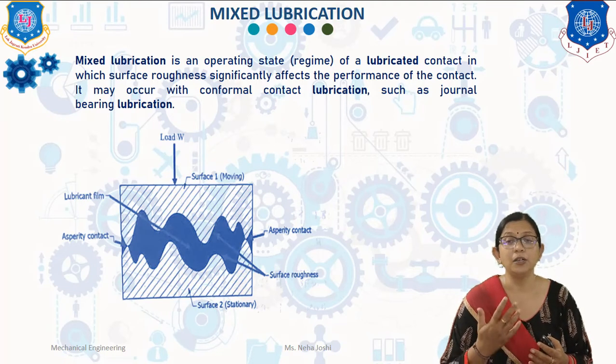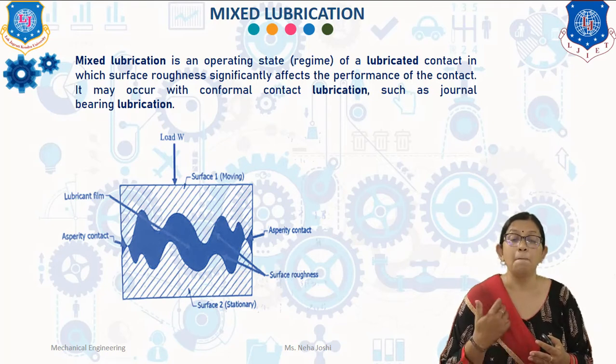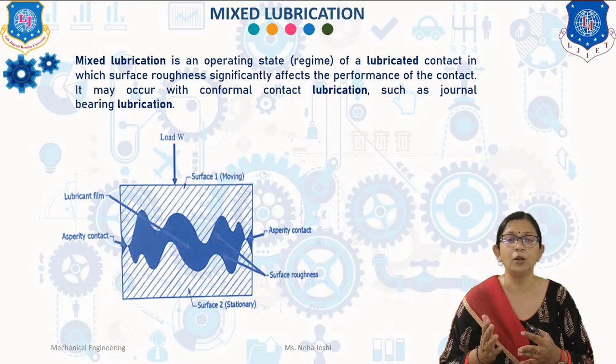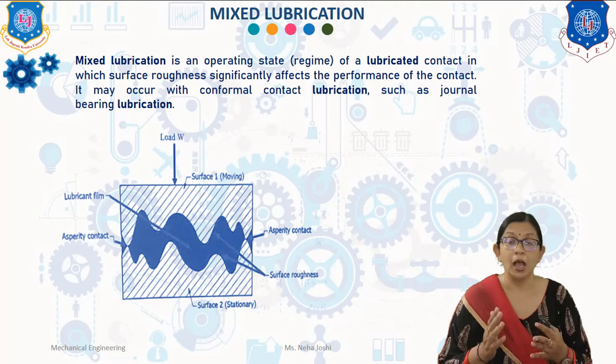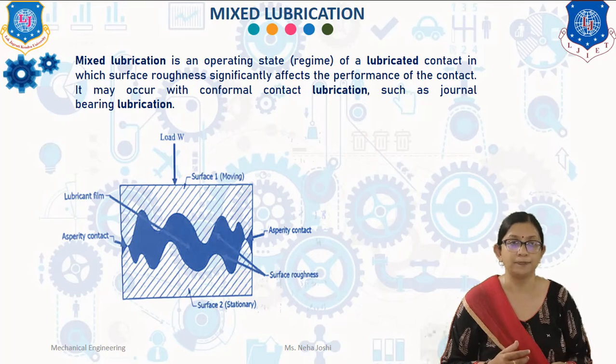The asperity contacts under relative speed result in wear. The worn out particles may also scratch the contacting surface and increase the wear rate. Many researchers have proposed different methods of identifying the operating lubricating state. However, the most commonly used method is to specify the specific film thickness.